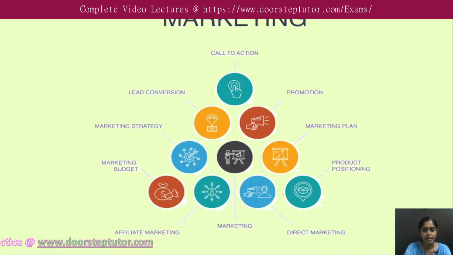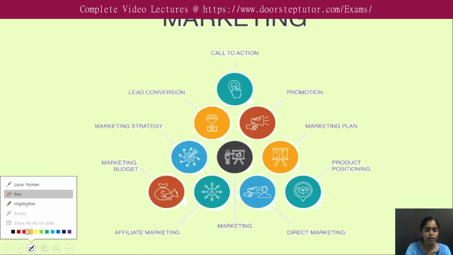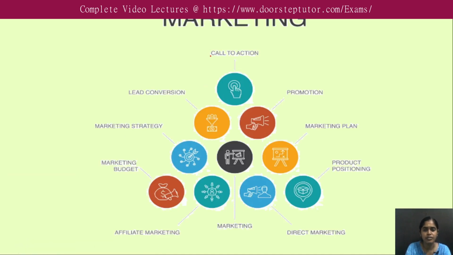So let's understand. Here I have given another picture. These are some of the functions that take place in marketing. You have to take action, that is a call to action, and you need to promote your brand, and you have to plan how to do the marketing, and you have to position the product at the right position, and then you have to direct the market.